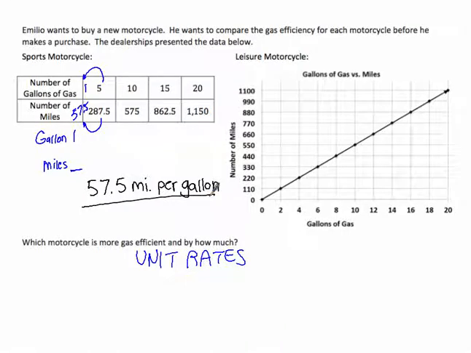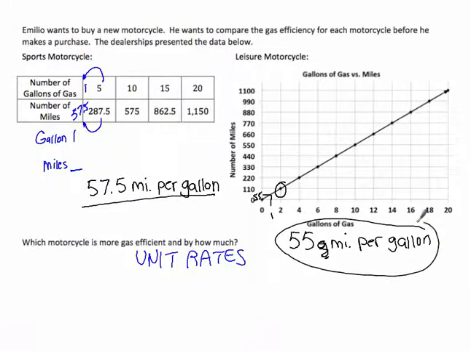Here we can see that this is the leisure motorcycle. 2 gallons is getting us 210 miles. So at that rate, 1 gallon we could assume would be 105. Actually, we can say this is getting 55 miles per gallon.